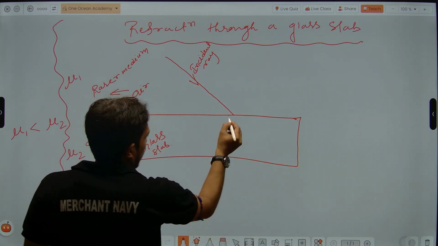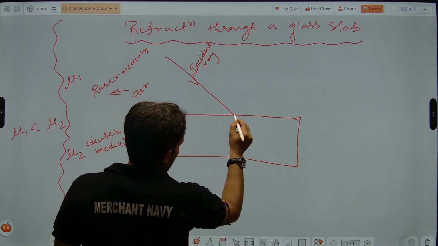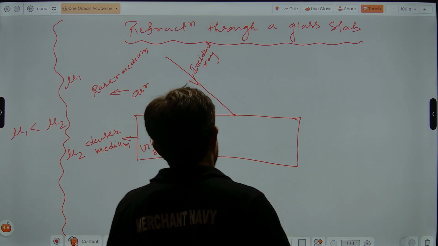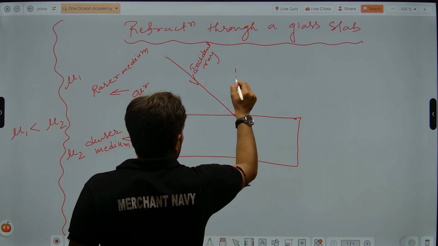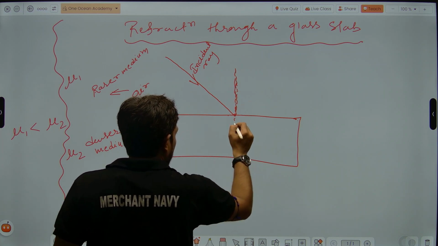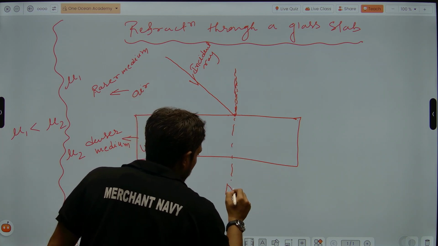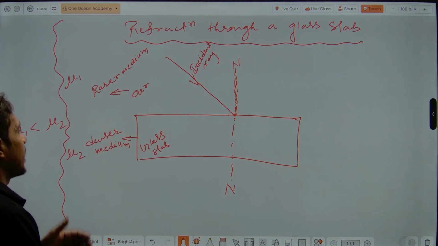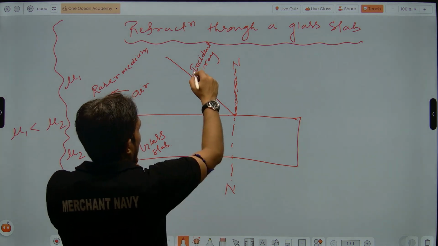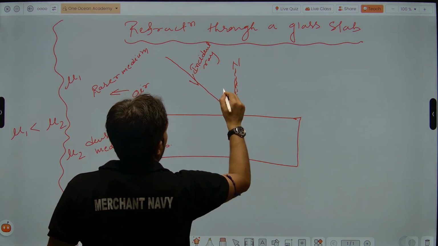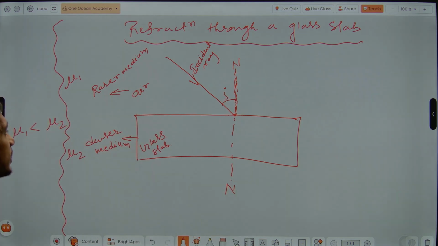Where the incident ray strikes the boundary of the second medium, at that point the perpendicular drawn is known as the normal to that incident ray. So, this is the normal. And the angle between the normal and the incident ray is known as the angle of incidence, that is i.